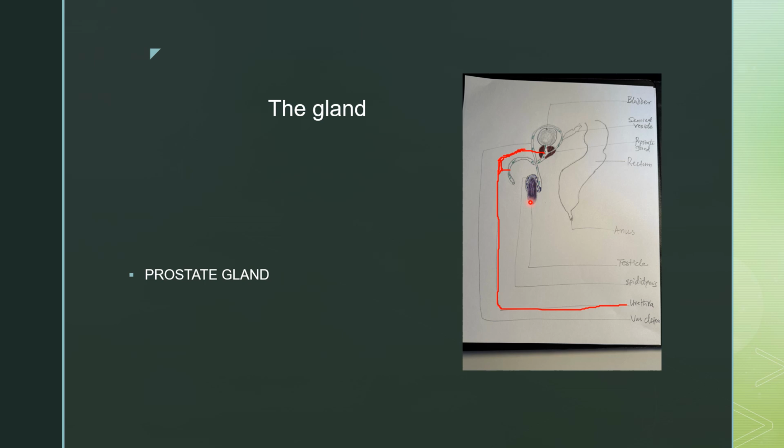Then you can see that the testes, which produce testosterone, are not far from the prostate gland itself, which testosterone can affect. This is the reason why we'll be talking about reproduction in males and the problems with prostate cancer, and the probability of erectile dysfunction, oligospermia, azoospermia, painful ejaculation, and even infertility.